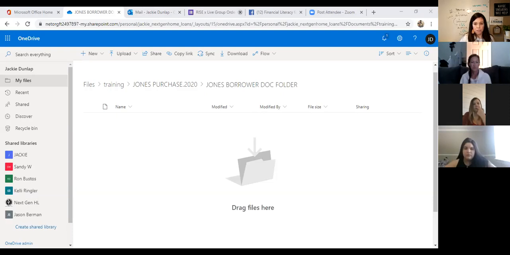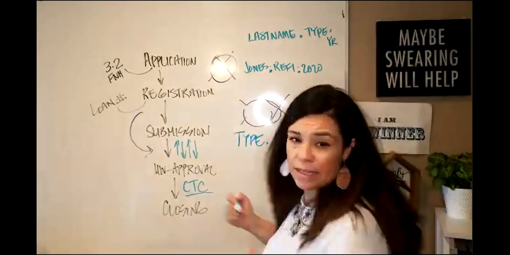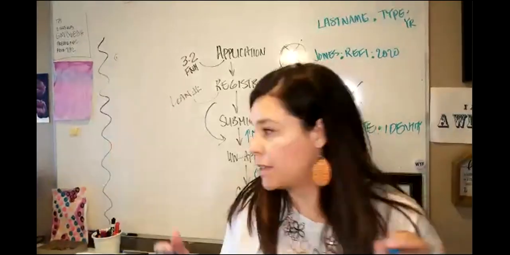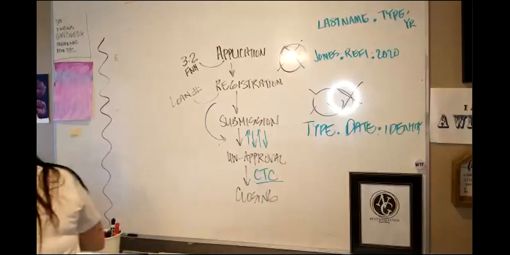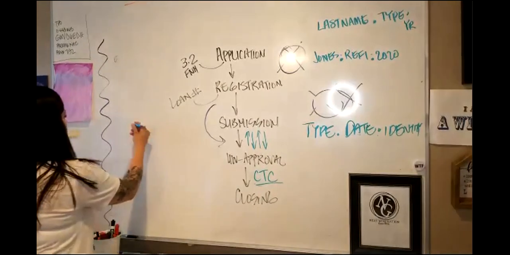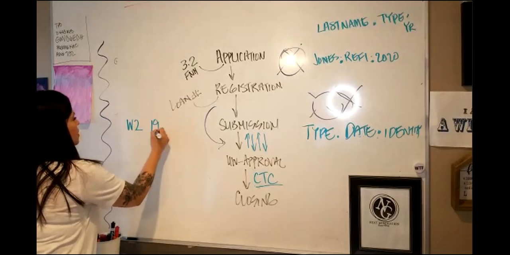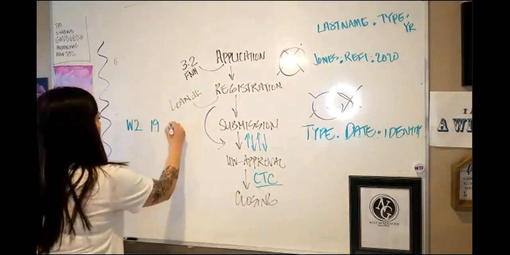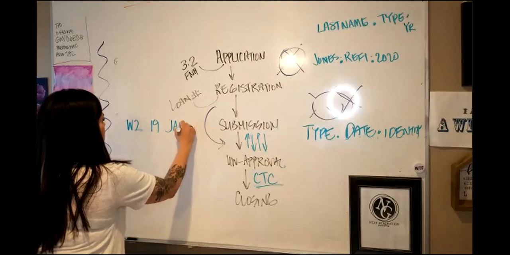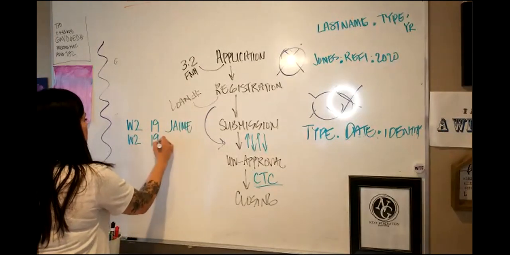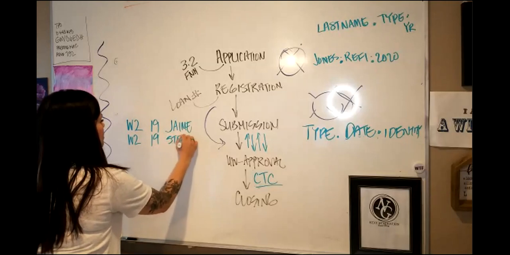Okay, so if this was a borrower document, you would see things like, let me grab this. For example, if you had a married couple, you would see W-2 19, because it's for 2019, and then this one's Jaime's, and then W-2 19, and maybe this is Stella's.